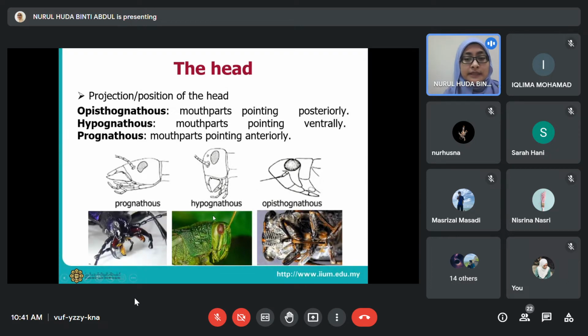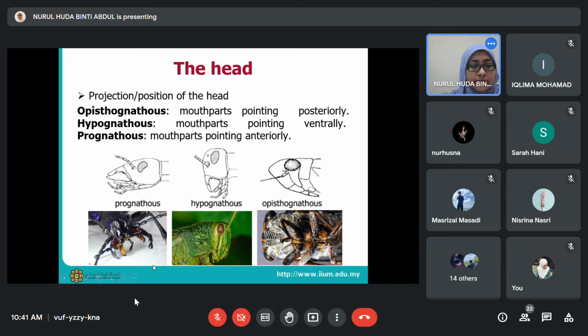For example, everyone knows this, it's a grasshopper. The grasshopper has a hypognathous mouthpart pointing ventrally. They feed on leaves below their body surface.